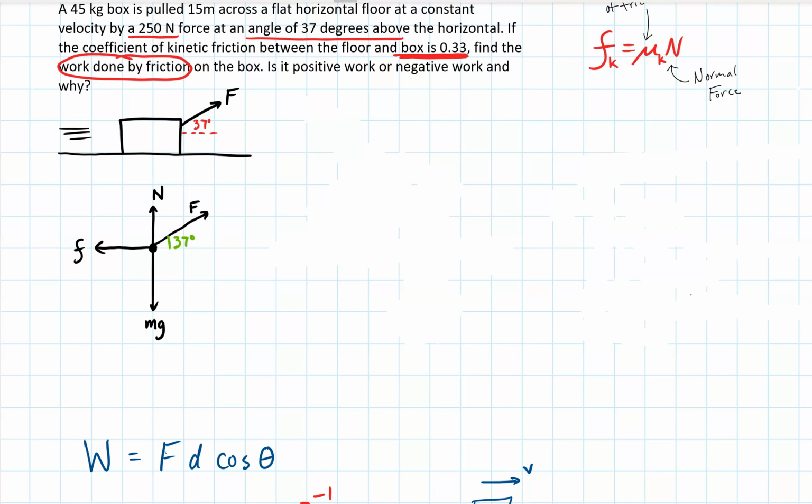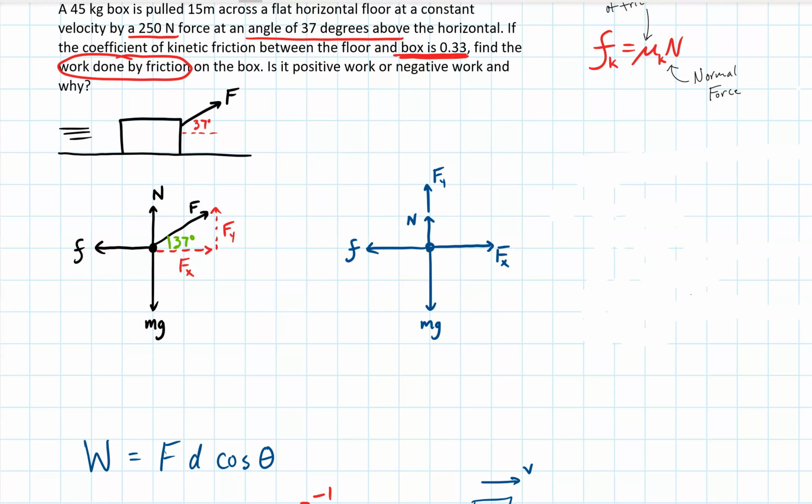So we can break that force up into its components. That would be that force in the x direction, and then going up, it would be that force in the y direction. And when we split those components up, we now have this revised, simplified force diagram. These are all the forces and force components acting in the x and y direction.